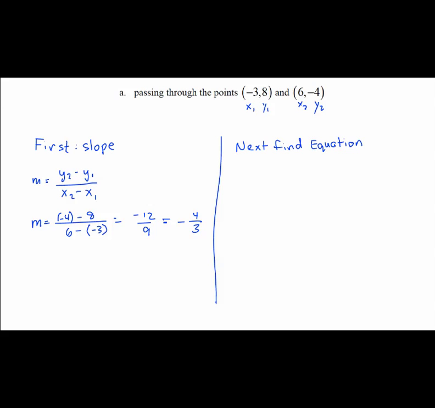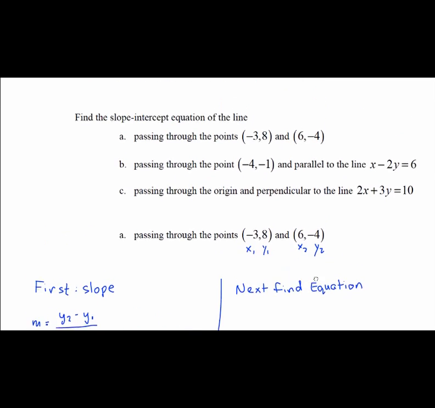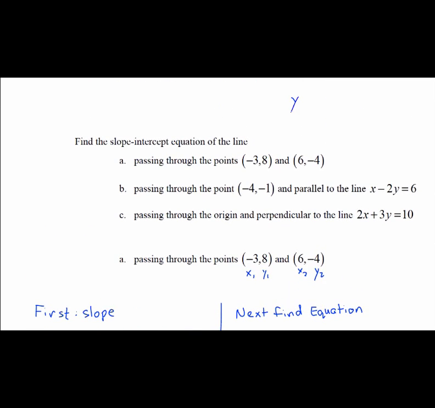We have the slope-intercept form. If I write these up here, we've got y equals mx plus b, and I also have the point slope form of a line, y minus y1 equals m times x minus x1. I need to pick the one that matches the data that I have.